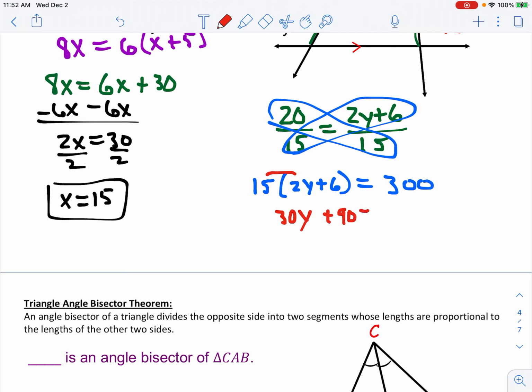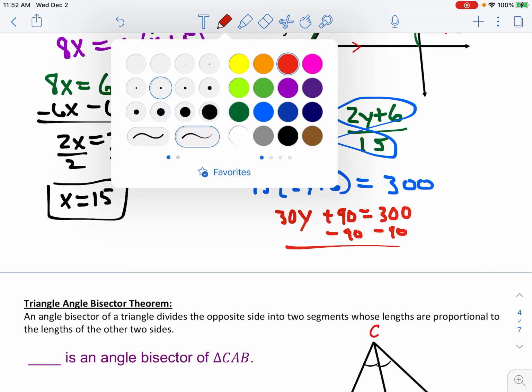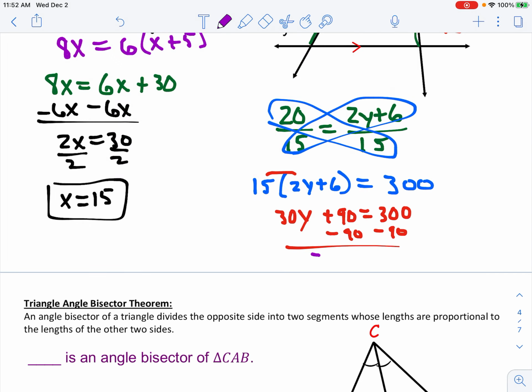And that should be equal to 300. Subtract 90 from both sides. I'm left with 30y equals 210. And now if you take 210 and divide it by 30, we should get y to equal 7.